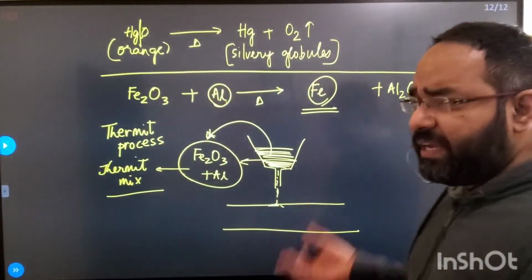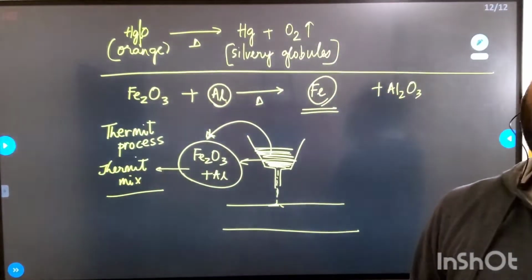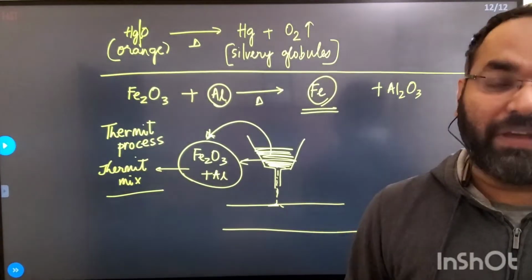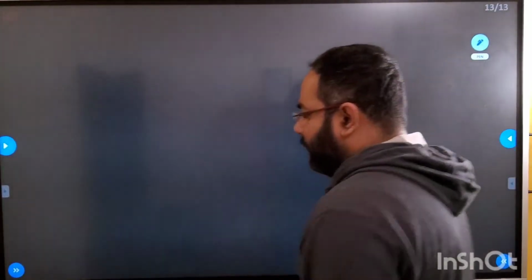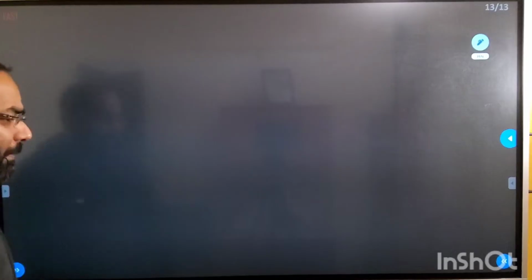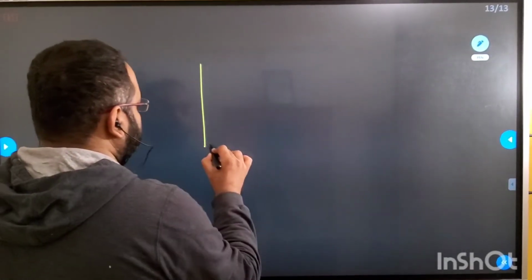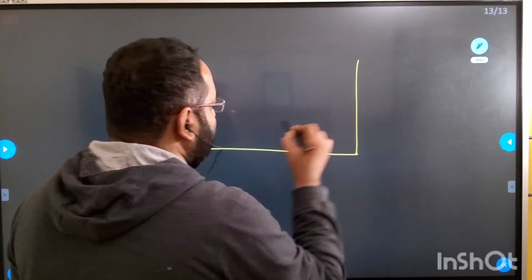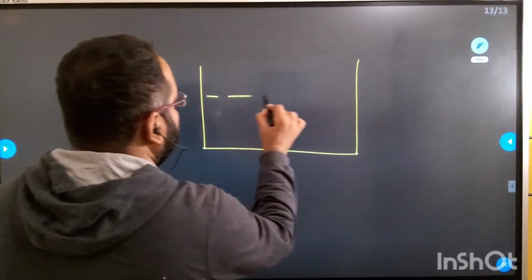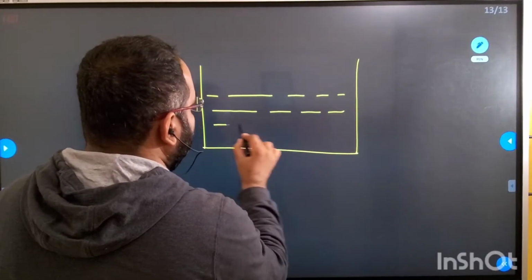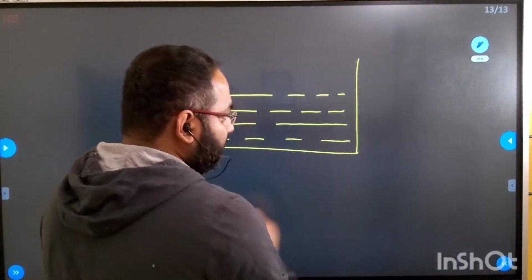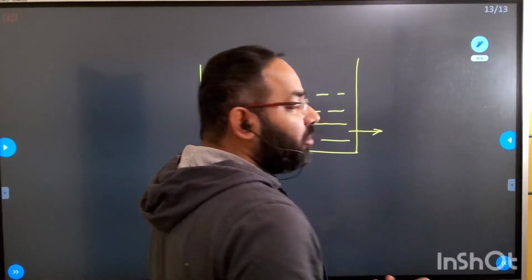Now that you've obtained these metals, let us look at the last step in which you can electro-refine them or just refine them. Now, the most common metal that we refine is copper. So I'll tell you how that works. Take a container which is called the electrolytic cell, and into that you add a salt of copper.